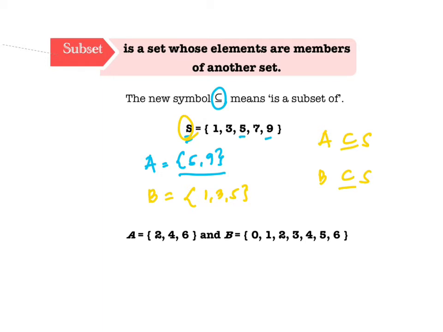Let us identify if set A is a subset of set B. Let's see if all the elements of set A are in set B. So, we have 2. Okay, it is here in set B. 4 and 6. Therefore, set A is a subset of set B.